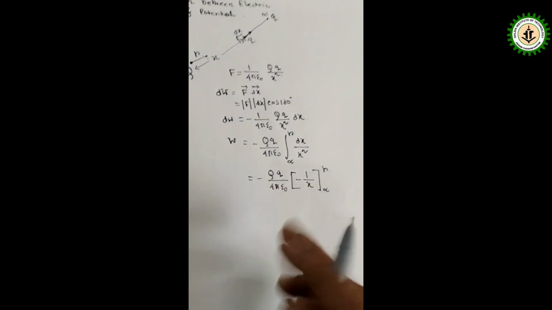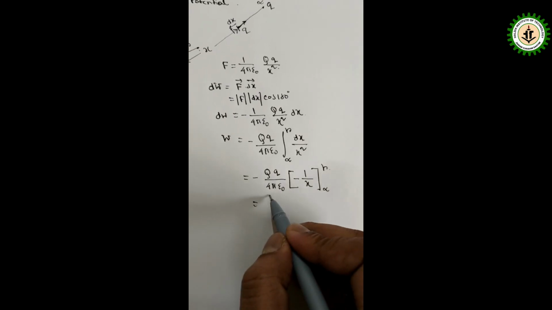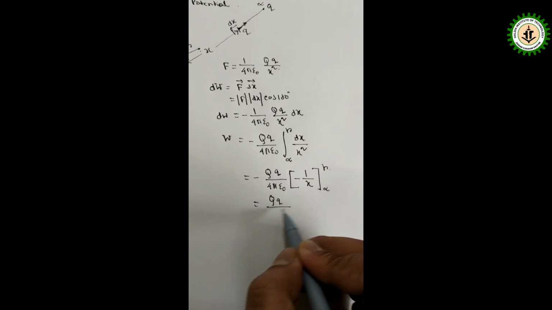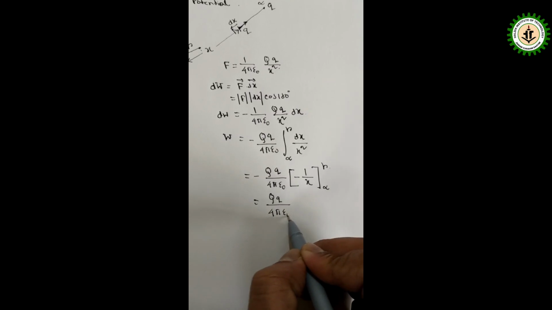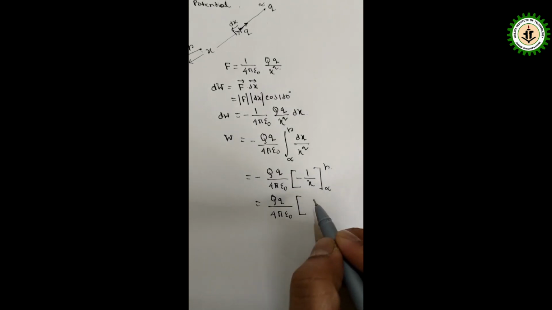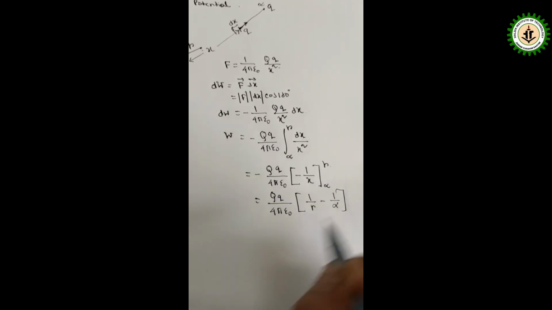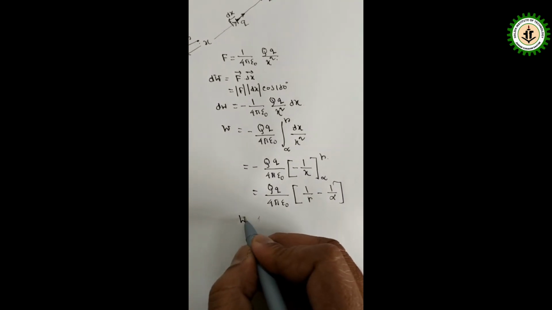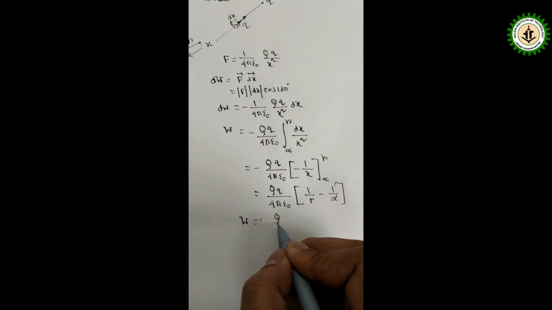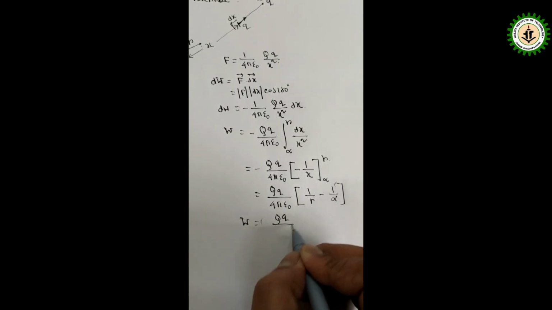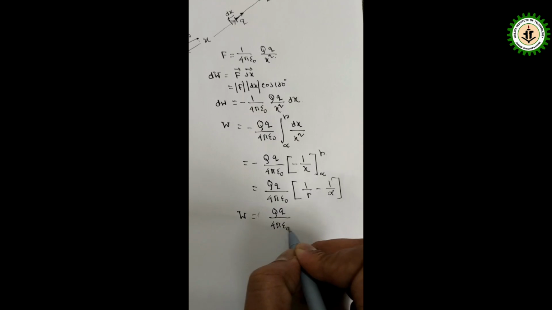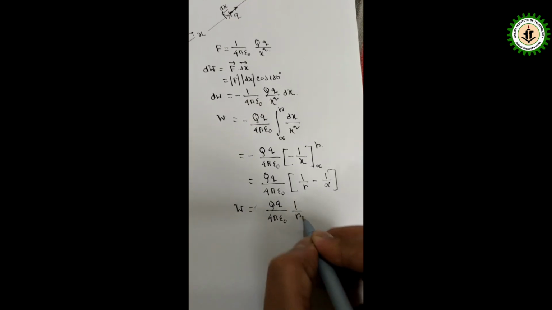So this minus becomes plus, and I'll get Qq by 4 pi epsilon naught into 1 by r minus 1 by infinity, and finally I'll get the net work done equals capital Q small q by 4 pi epsilon naught into 1 by r.